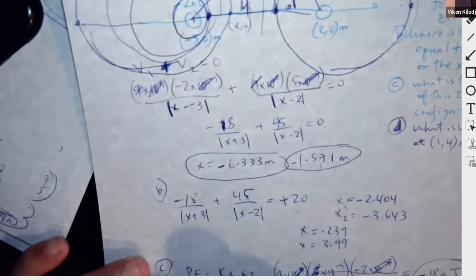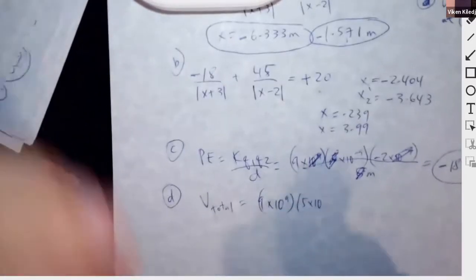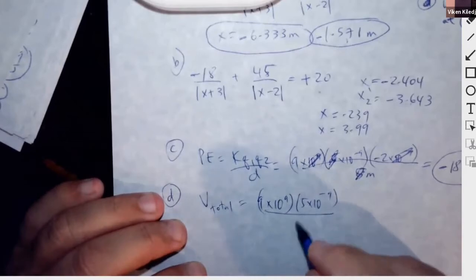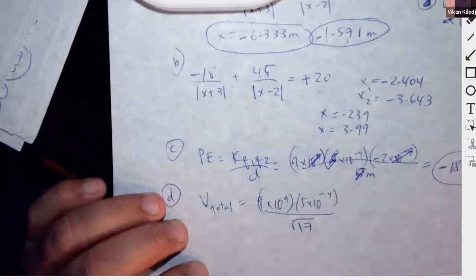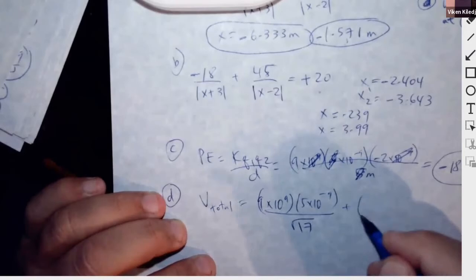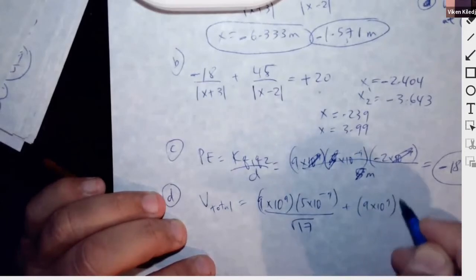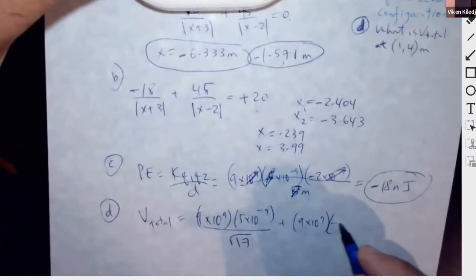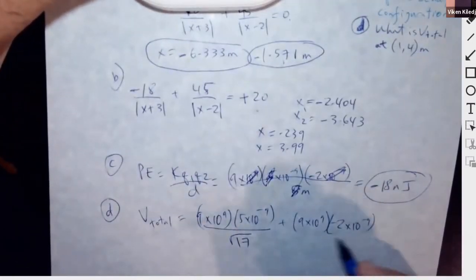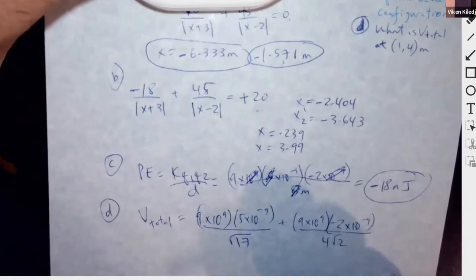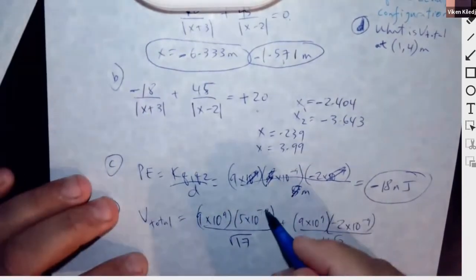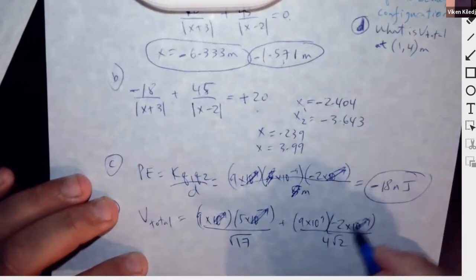So the total voltage is 9 times 10 to the 9th, times 5 times 10 to the negative 9 over square root of 17, plus 9 times 10 to the 9th times negative 2 times 10 to the negative 9 over 4 root 2. And then this cancels this cancels this.